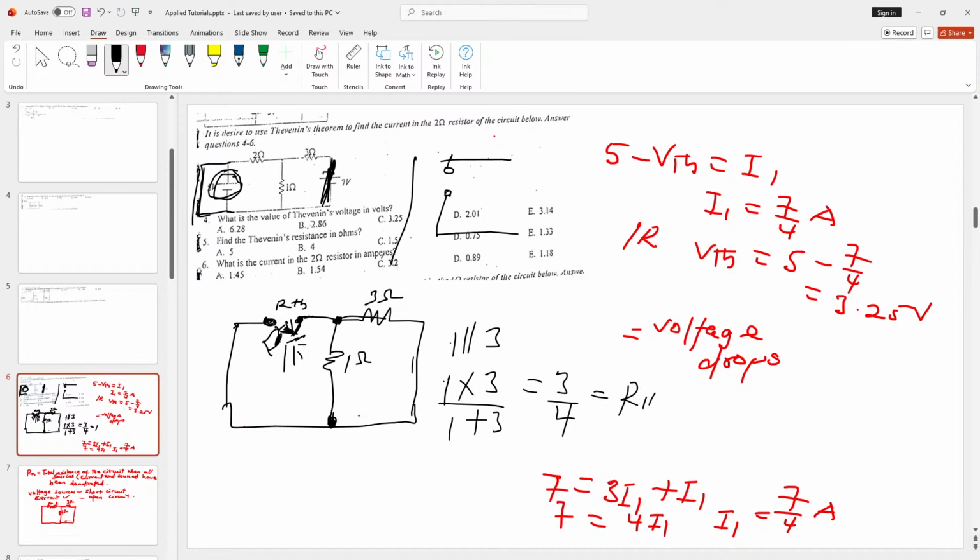Now, what is 3 over 4? My calculator is giving me 0.75. So this is going to be our answer, 0.75 ohms. Does the current pass through the open?